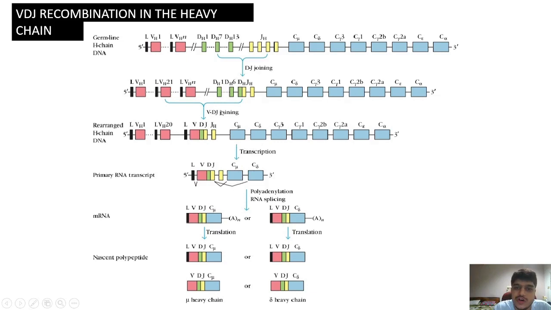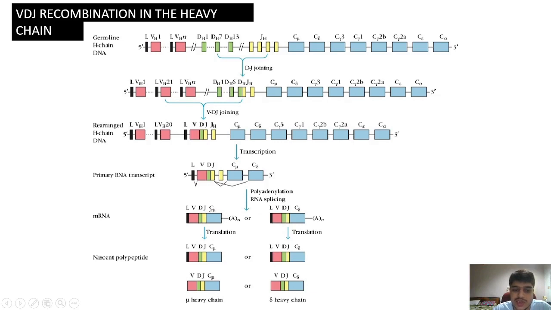First step, you've got the VDJ recombination, then it's going to recombine with both of these mu and delta, and once it is activated, by a type of RNA splicing, it's going to express any one.